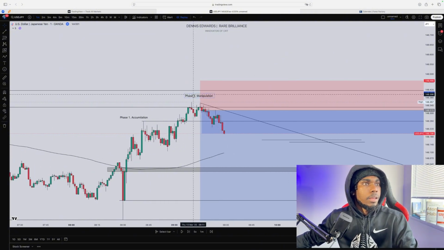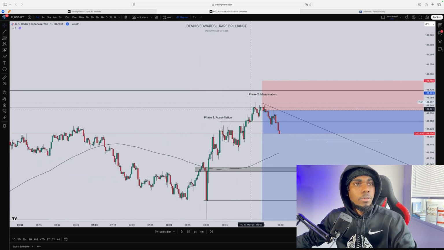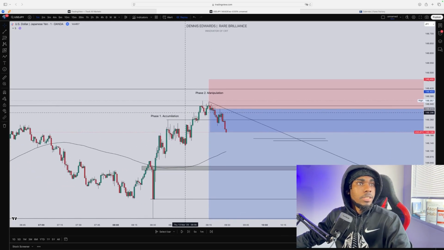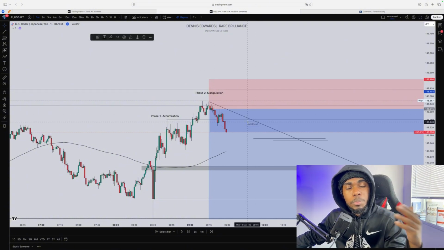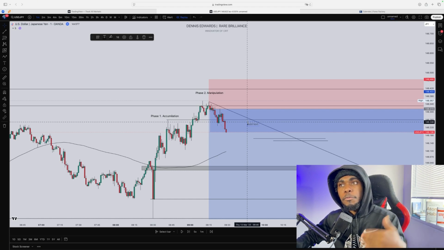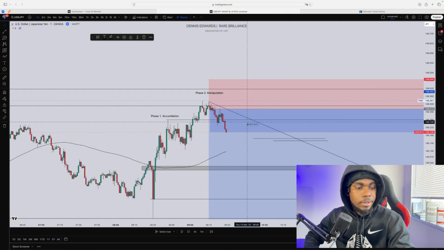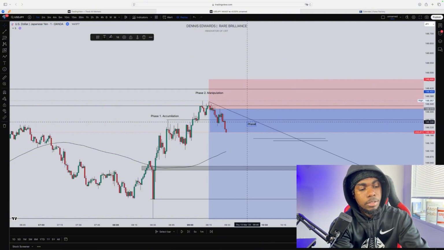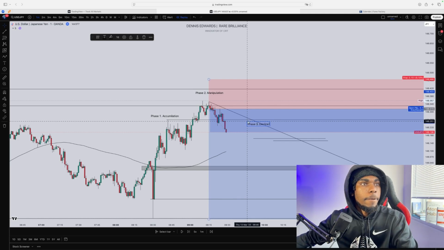And I also understood that phase 3 was down here. Anything underneath our line where our accumulation started would be the full start of the decline phase that I would want to see in the market. So phase 3, decline.